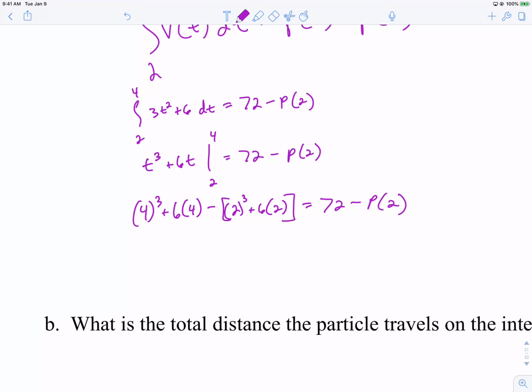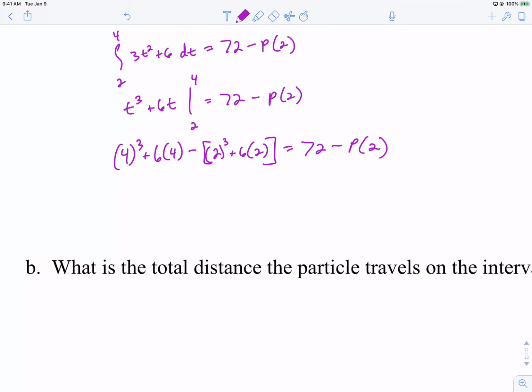From here we simplify this number, and then subtract 72 off both sides, and we get negative p of 2 equals negative 4. So we got p of 2 equals 4.